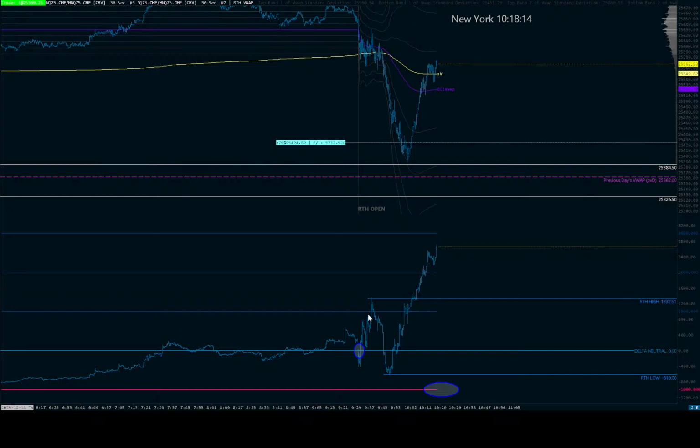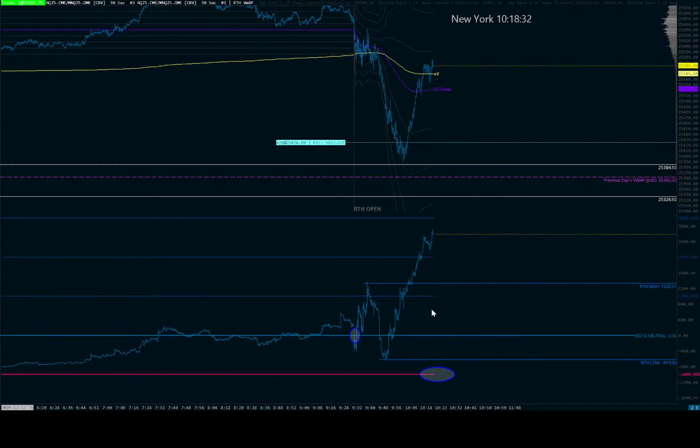Once it's going directional and you're starting to see the alignment between the aggressive buyers or aggressive sellers and price, then put yourself in alignment with it. Look for pullbacks.